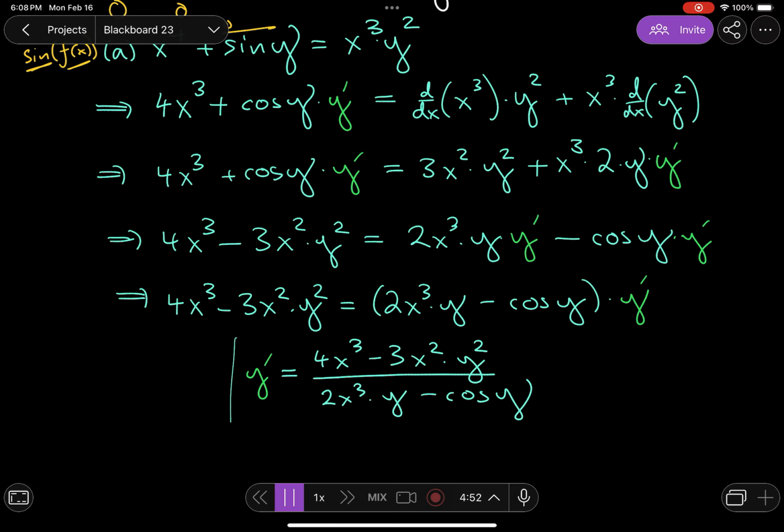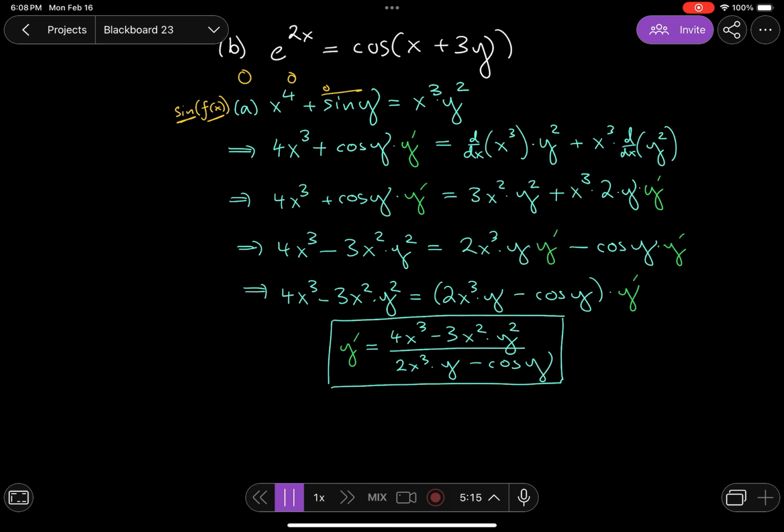Here we go. I think the only task for this first question is to isolate y prime, or to solve for y prime, so we just did it. Notice that this is a function, this is a machine that will tell me the slope of the original curve at any point on the curve. That's the most powerful thing about this implicit differentiation. We can now solve for slopes for implicit curves rather than explicit curves.